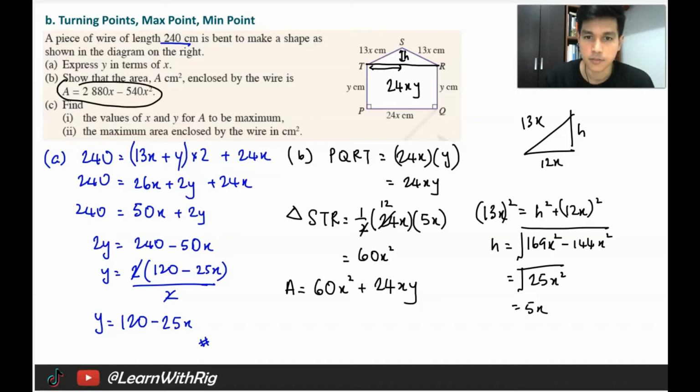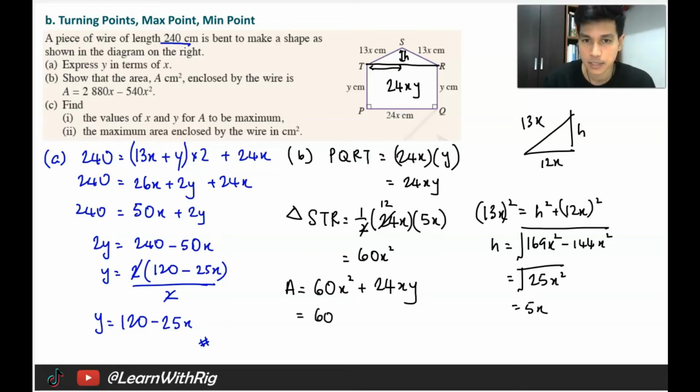The reason is that in this equation there is no y value. So we have to substitute something into the y value so that we can get this answer. The y value we can substitute is this. Since you already found this y equation, we can substitute to find the area.